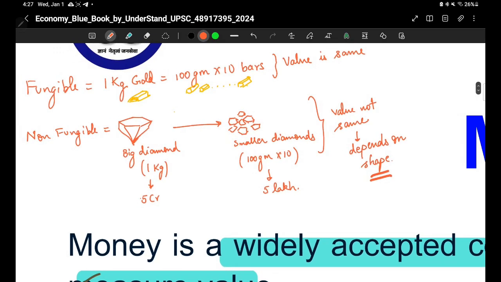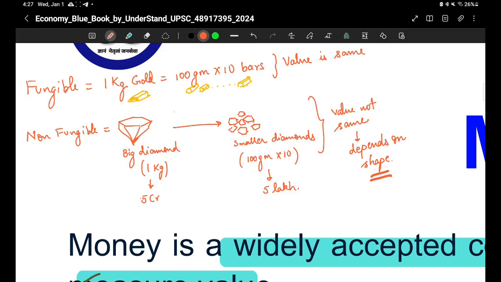If you're using this diamond for exchanging another good, non-fungibility is a problem here. He cannot give small diamonds and ask for the same quantity of goods which he wants. He has to give that big diamond only.